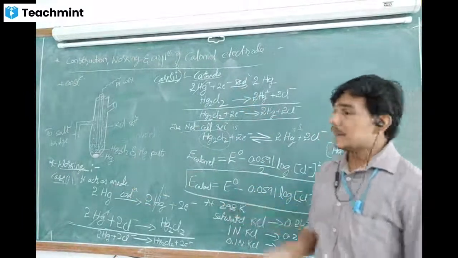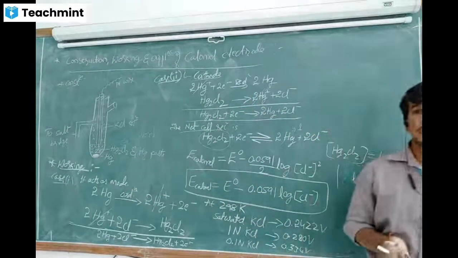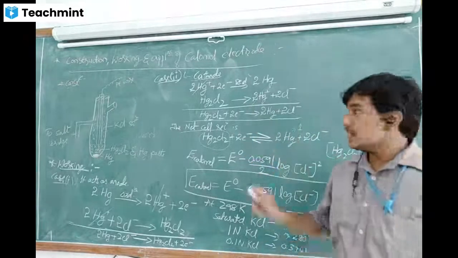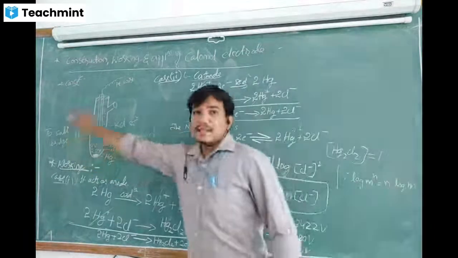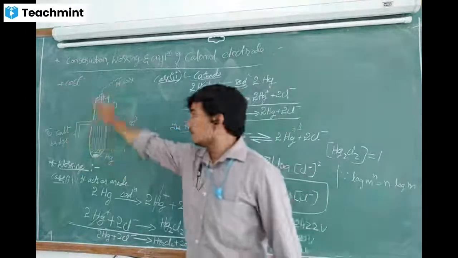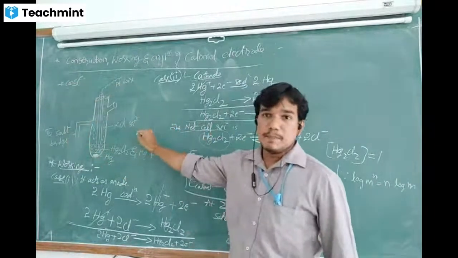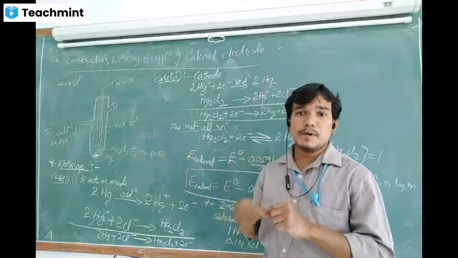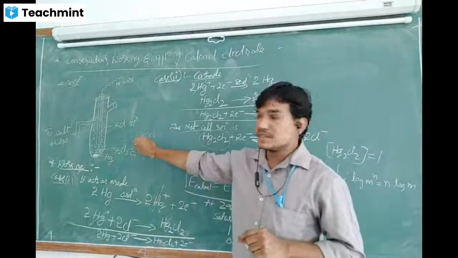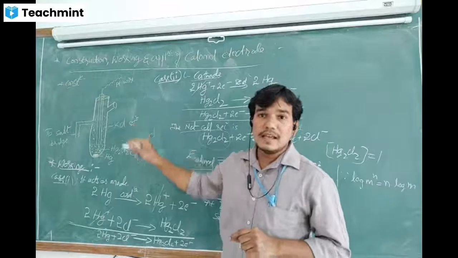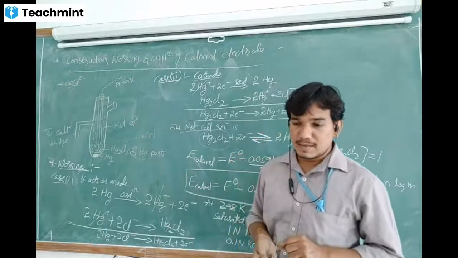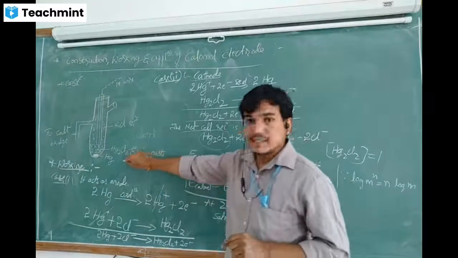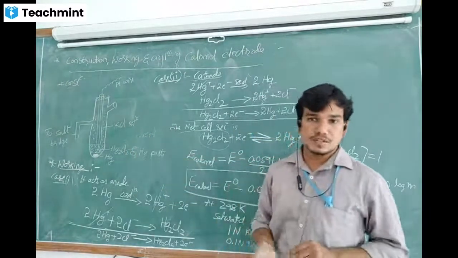Applications: as you all know about the secondary reference electrode, the calomel electrode is simple in construction. We can reproduce the electrode potential many more times, and the cell potential does not vary with temperature.